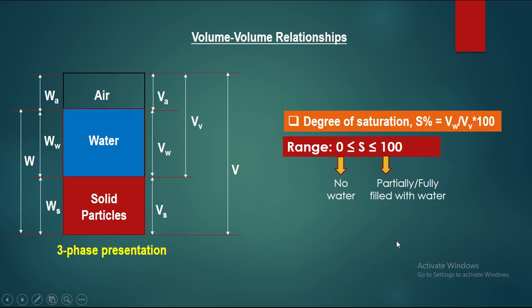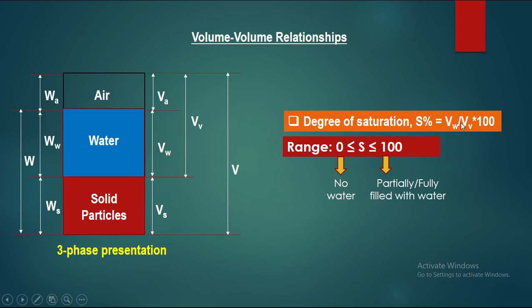Our next definition of volume to volume relationships, also an important one, is the degree of saturation, S percentage. It is the volume of water present in the total volume of void.